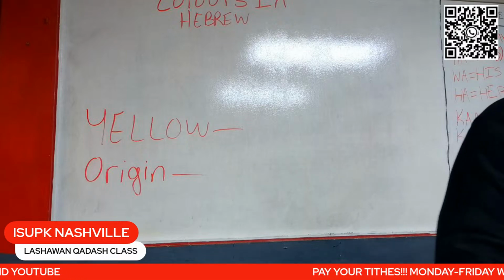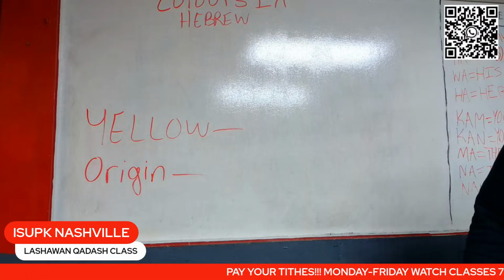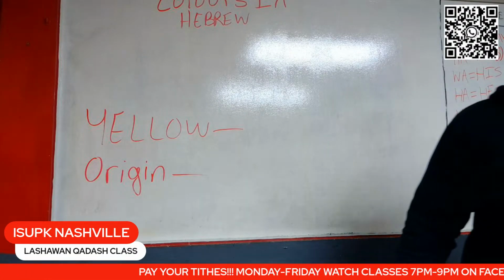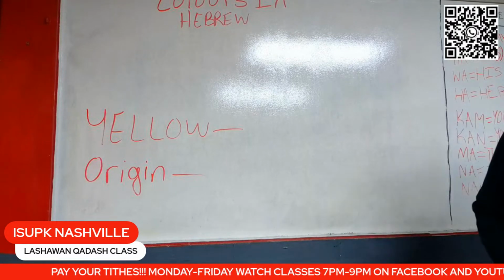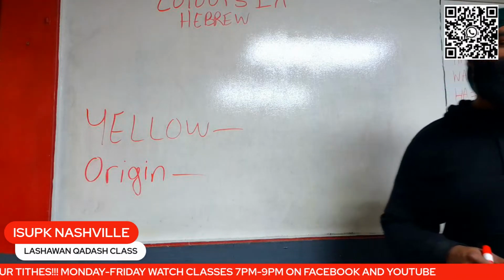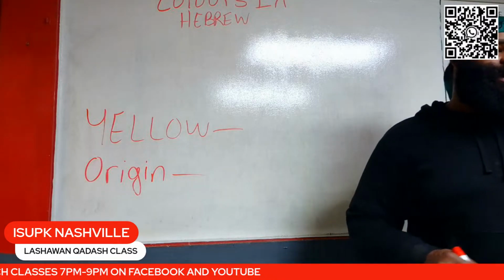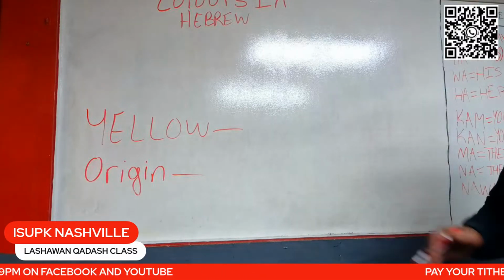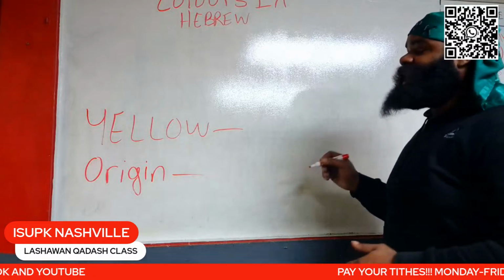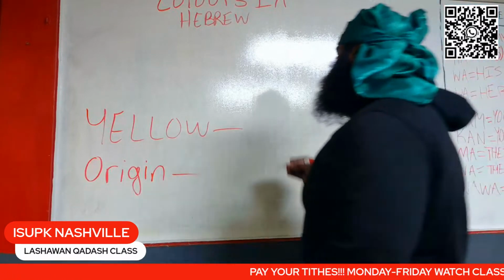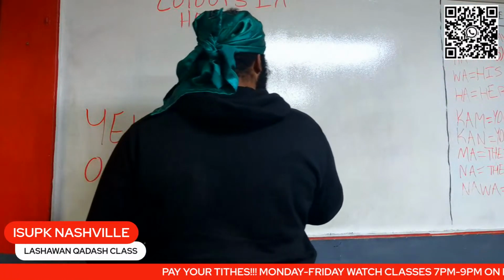You don't have your notes tonight. But you are right there. The only thing you got wrong in your answer was there's a V in there. The answer is Tazaha. This is how you say yellow.